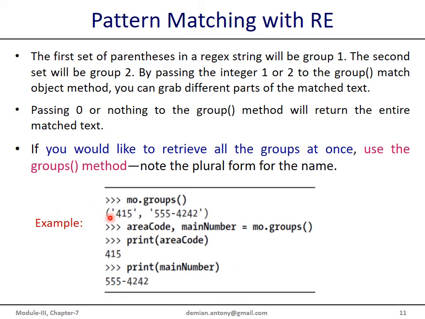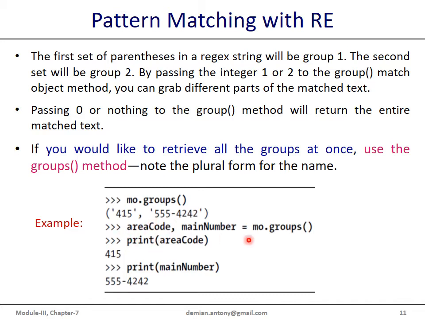Here is an example. The mo.groups will retrieve all the matches. Actually, this groups method will retrieve the strings separately, wherein we can access these individual groups with the help of variables.